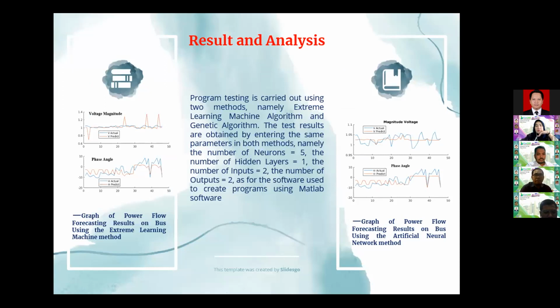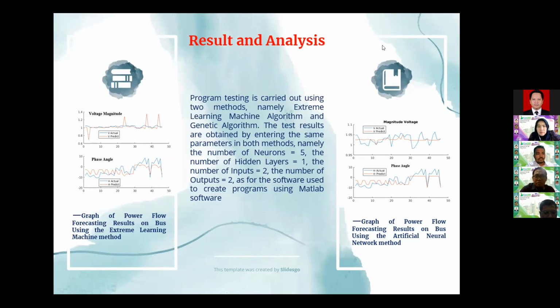What about the results? Here are the calculated results of the ELM, and on the right side is the ANN. The testing process is carried out using two methods, namely the extreme learning machine and the genetic algorithm.